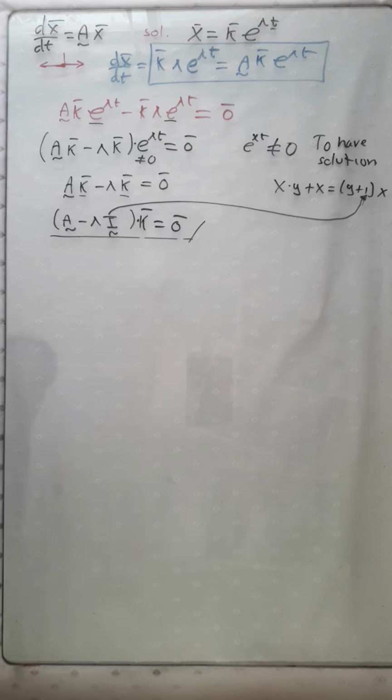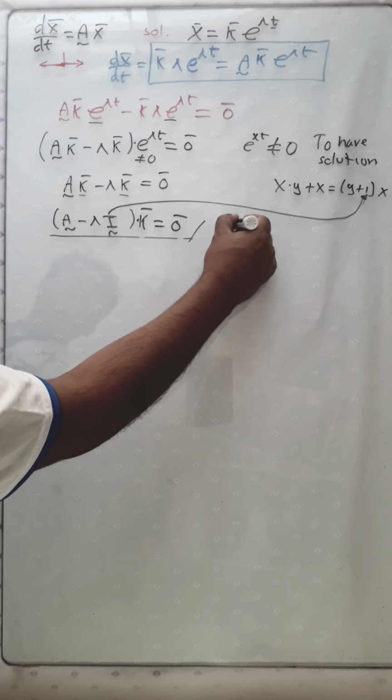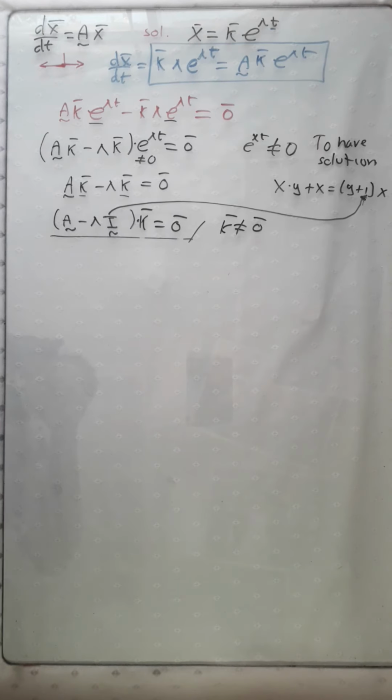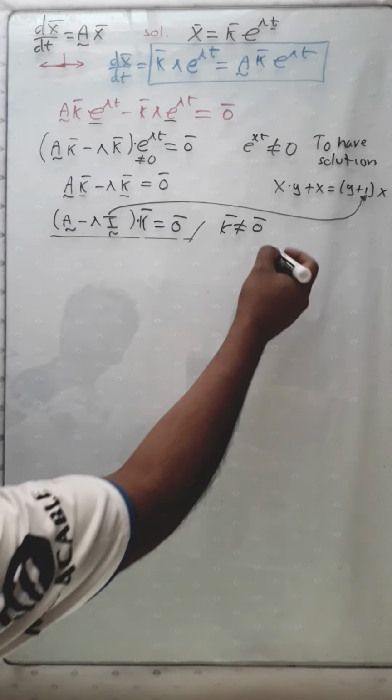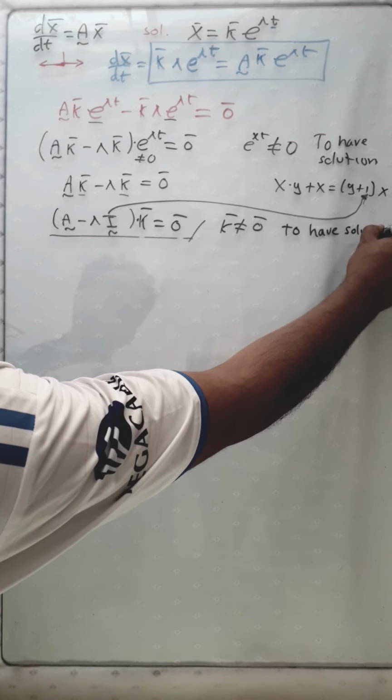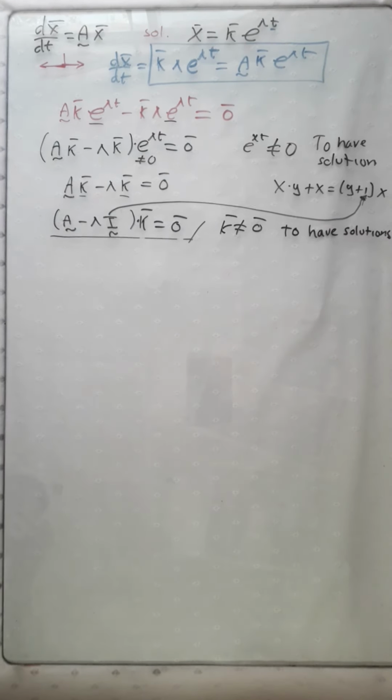Now k vector cannot be 0, same reason as before, different than 0. Why it should be different than 0? Because if the k vector is equal to 0 vector, then we have no solutions. So we need the k vector to be different than 0 to have solutions. Okay, so the only thing to be 0 is on the left, all right?